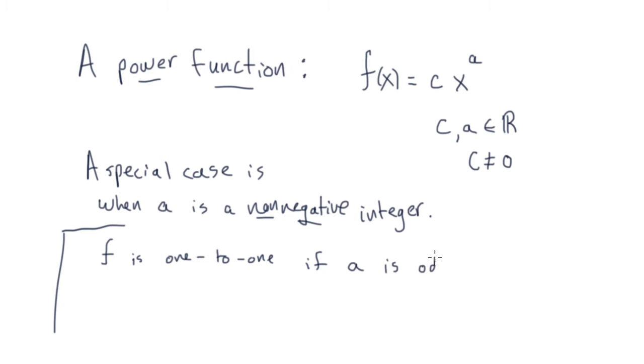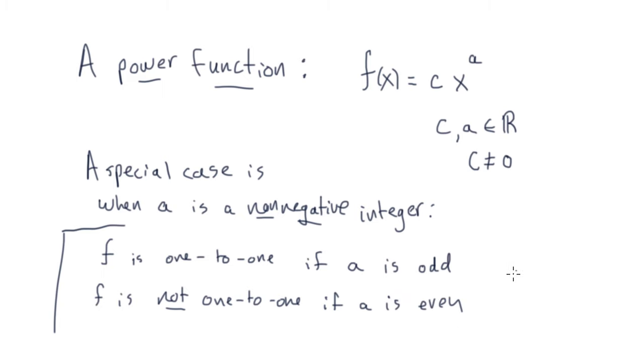Now notice that makes sense because I'm assuming that, okay, in general, a could be like a half or square root of 2 or whatever, but in the special case when a is a non-negative integer, if a is odd, an odd non-negative integer, so 1, 3, 5, 7, whatever, f is 1 to 1. And then f is not 1 to 1 if a is even.